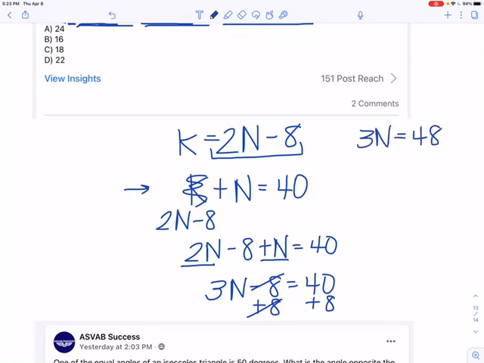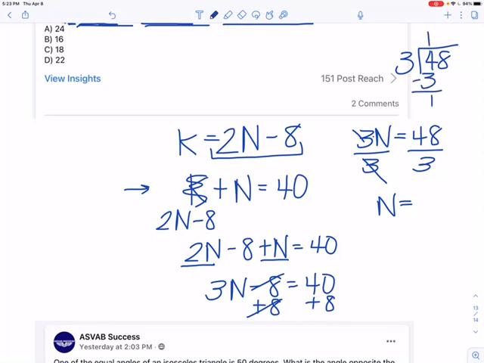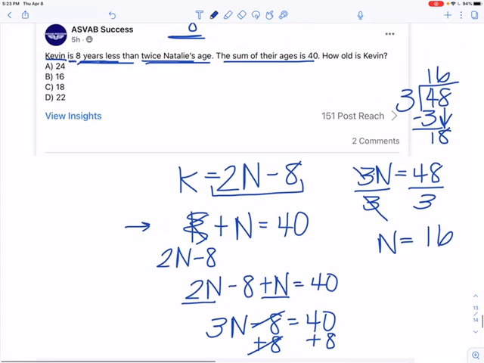Now that 3 is multiplied to the n, so to get rid of it, I do the opposite. I divide by 3. Let's do that over here: 48 divided by 3. 3 goes into 4 one time. 4 minus 3 is 1. 3 goes into 18 6 times. So n equals 16.